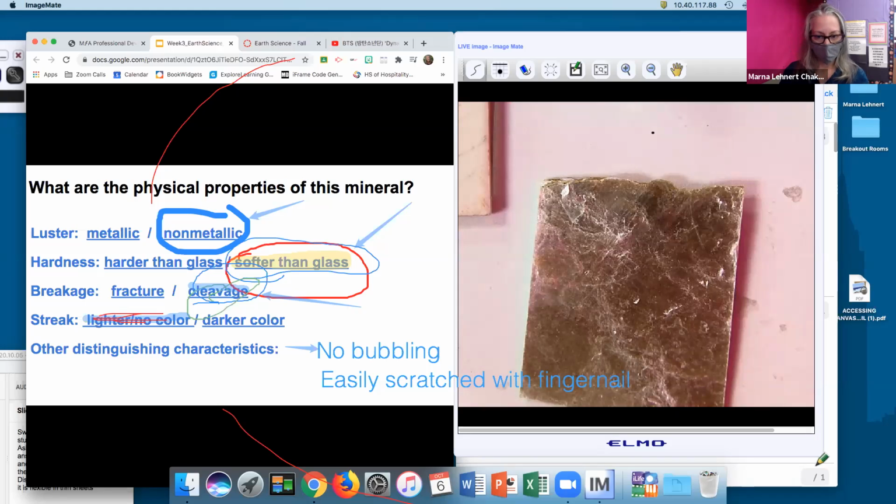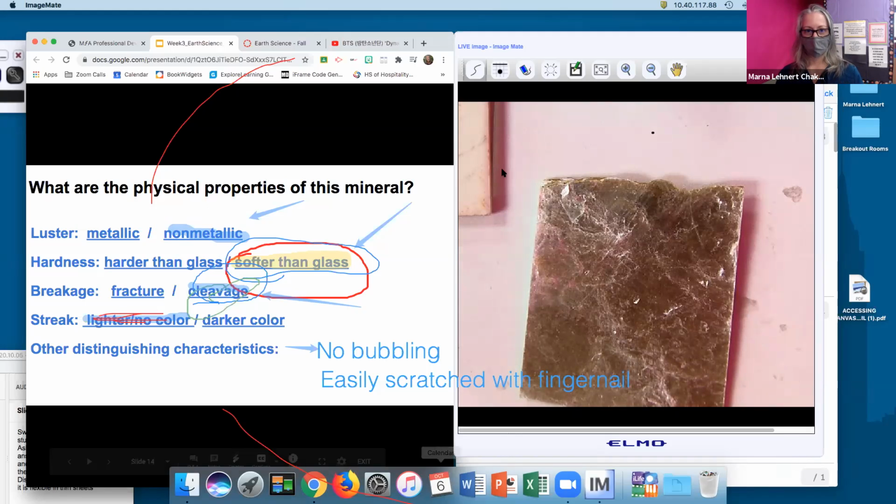So now what we're going to do is see if we can identify this using the reference tables. Our reference tables are found, and you can do a Google search for this, but I'm going to show you how to use them first, and then I'll show you how to find them. So once again, Mrs. Lehnert has to do some sneaky sharing here.